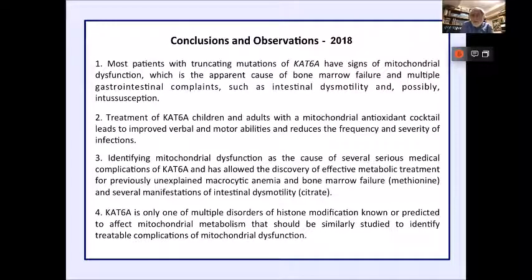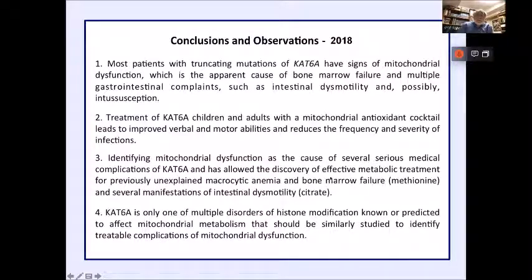And only a minority of young children with CAT6A have these other mitochondrial problems that require additional treatments, such as an antioxidant cocktail, coenzyme Q, vitamin C, vitamin E, and amino acid supplements, as I explained, for bone marrow failure.